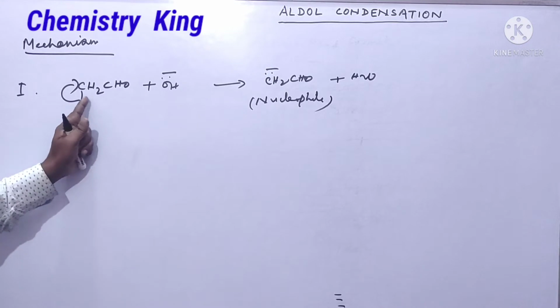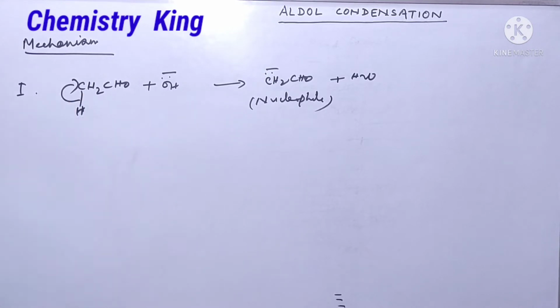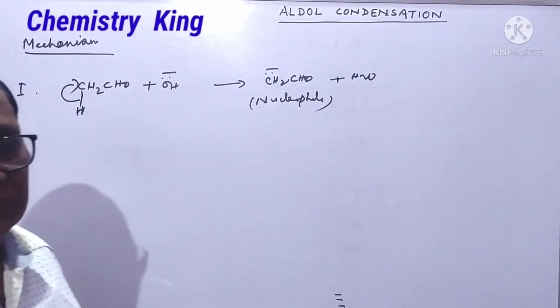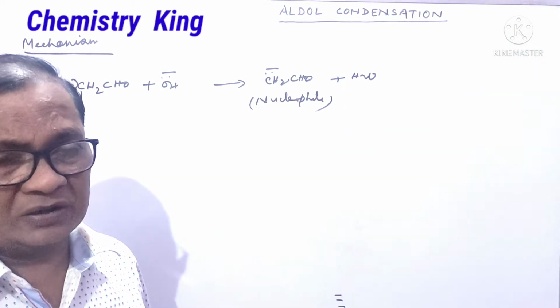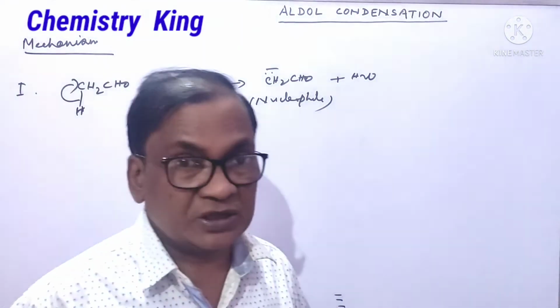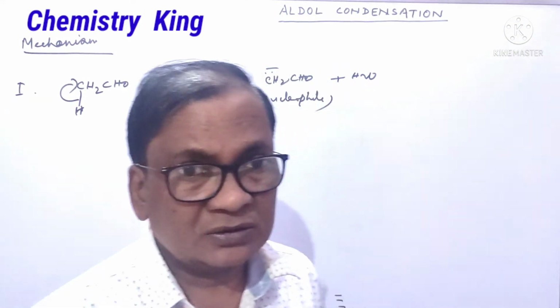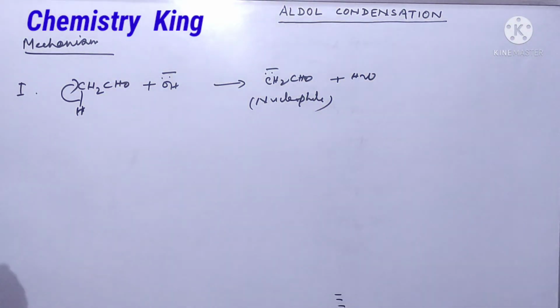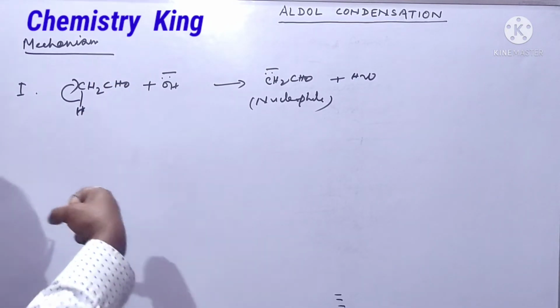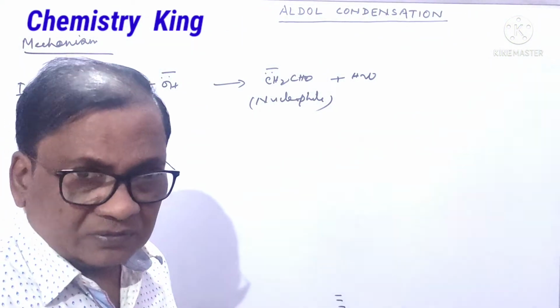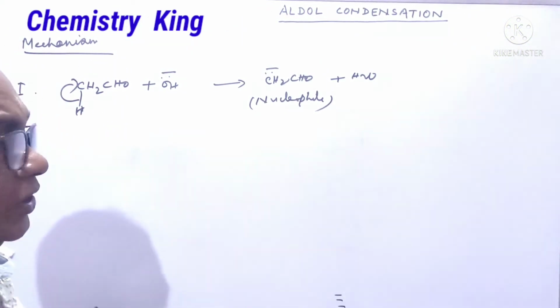Friends, remember that alpha hydrogen is abstracted, not beta hydrogen. If beta hydrogen is present, if gamma hydrogen is present, no, only alpha hydrogen is abstracted by the base. Why? This is aldehyde group. It has electron withdrawing tendency.